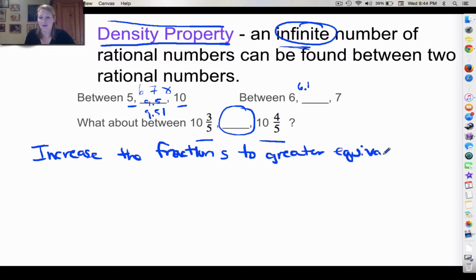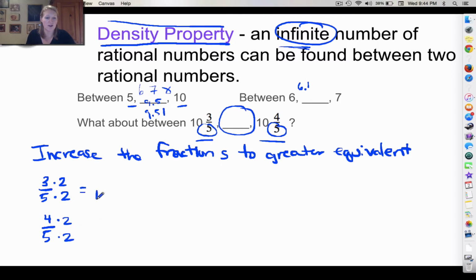They are equivalent right now as far as their denominators, but let's expand them a little. If we were to increase 3/5 and 4/5 both by 2, we would still have equivalent fractions, with 10 as their denominator.